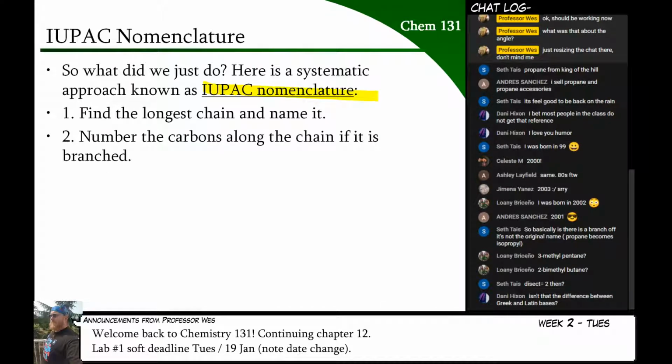All right. Step 2, you are going to number the carbons along the chain if it is branched, but there's something that isn't written here because it comes up later. I'm going to write it here for you. Number them such that the lowest number occurs at each branch.